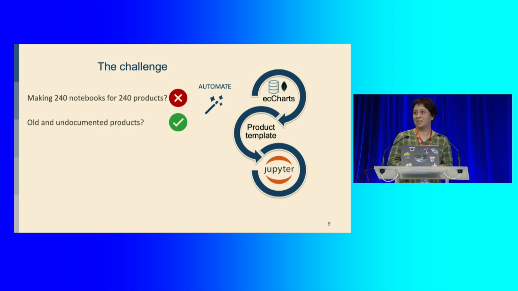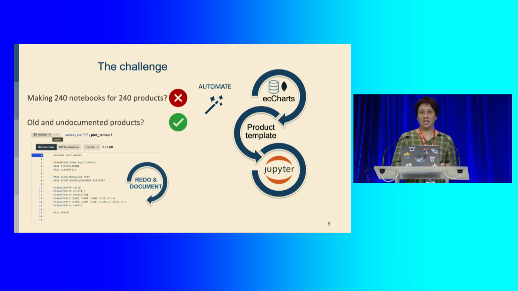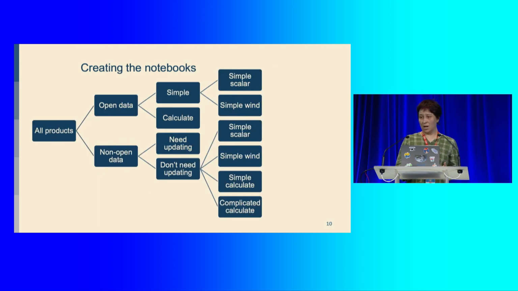Some of our products are made using Fortran. Even visualization is done in Fortran. So there is now a need to redo these products using the tools that are available now, and then document them and produce notebooks. So how do I do this?